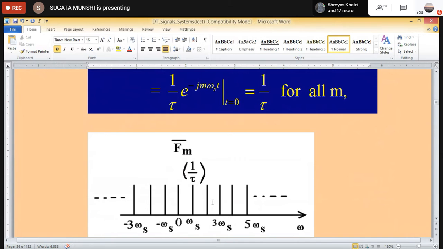Now if you insert this expression, 1 by tau summation over m equal to minus infinity to plus infinity e to the power j m omega s t, into that earlier expression that we have considered, the product of x t with a summation, what will happen?